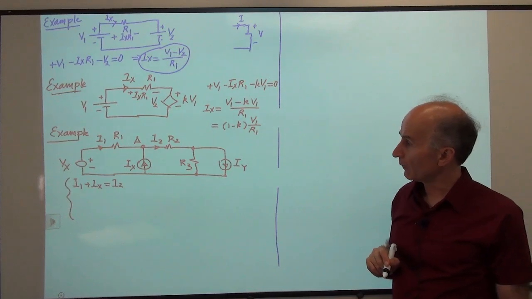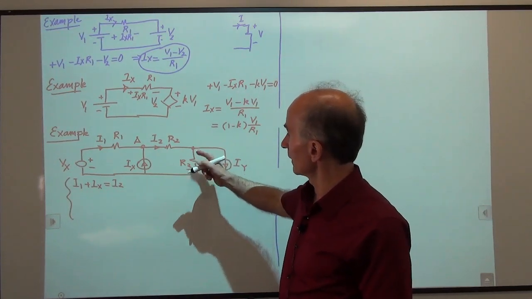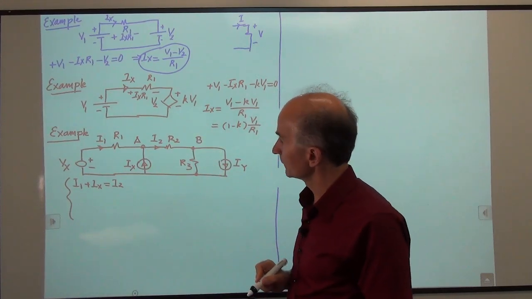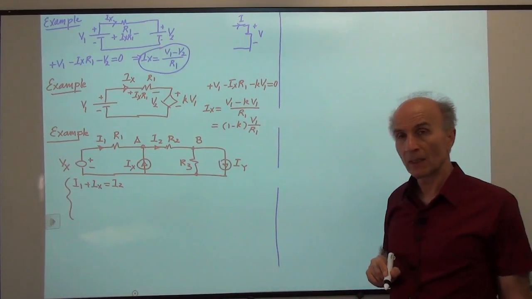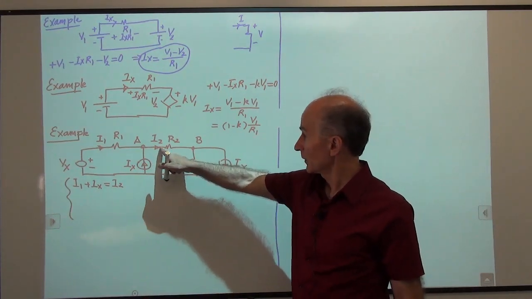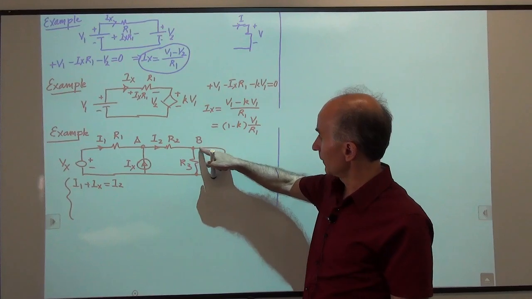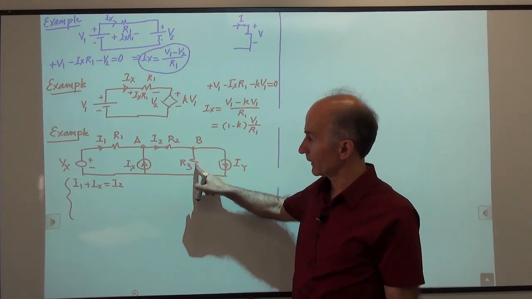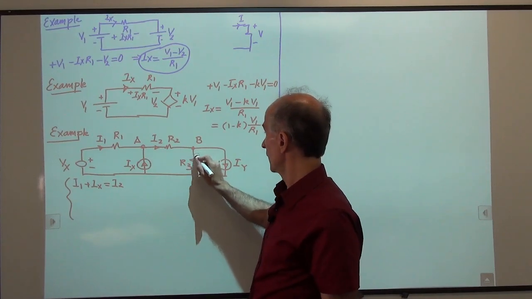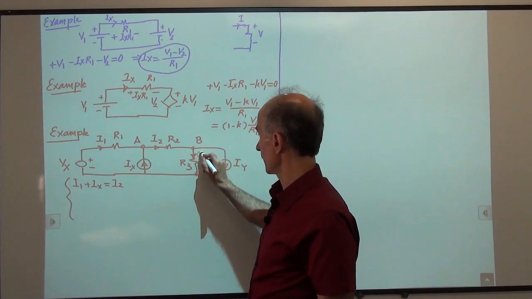All right. How about this node here? What can I say here? So this is node B. All right, so what I see is that I2 is coming into B, travels this way. IY is going out of B. And how about this guy? Well, we don't know his current yet, right? So we have to call this something as well. So we're going to call this I3, maybe this way.